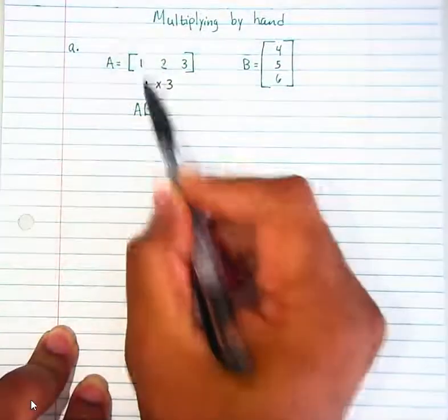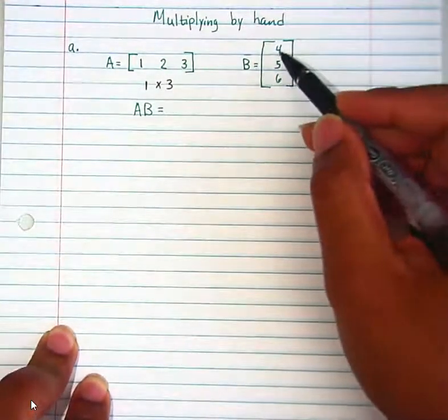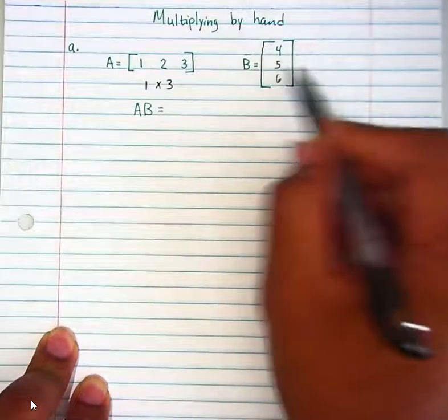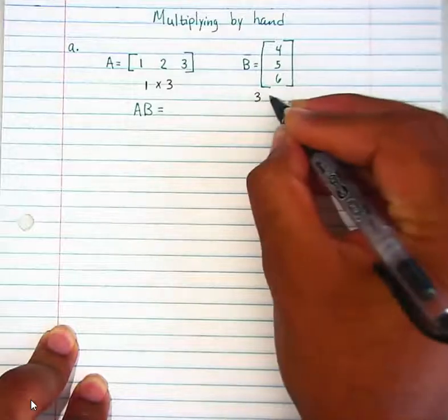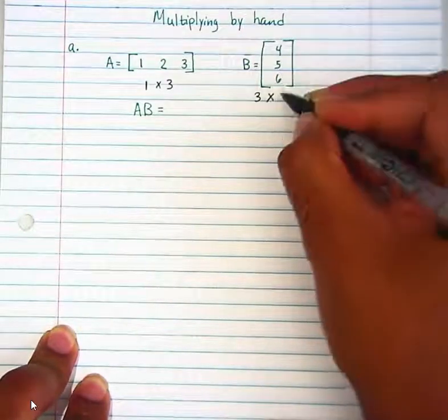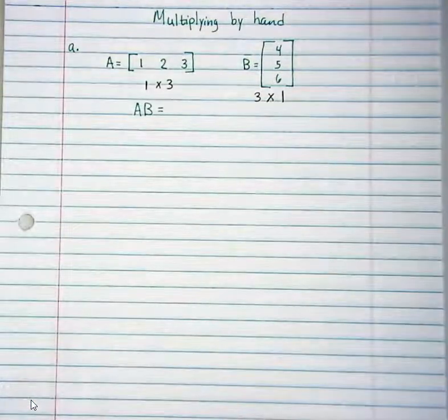For our B matrix, we have 3 rows, so 1, 2, 3 rows, and 1 column. Those are our dimensions of the two matrices.